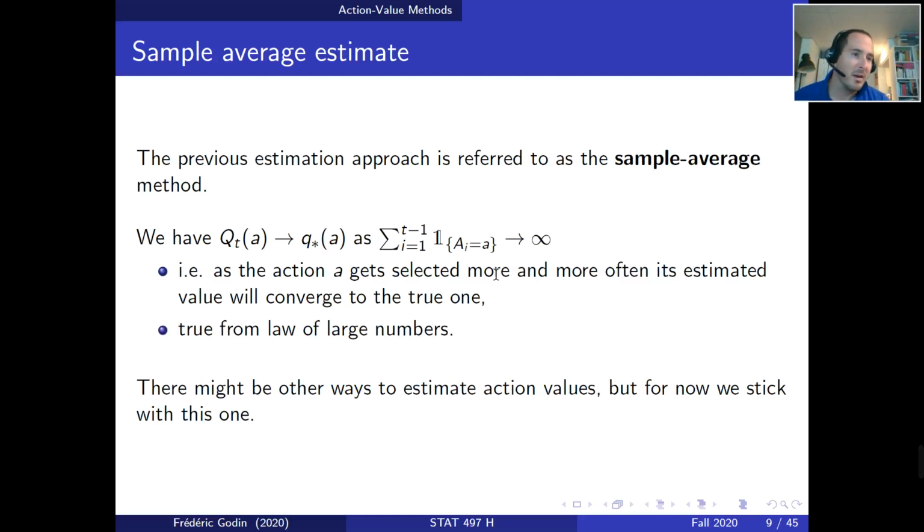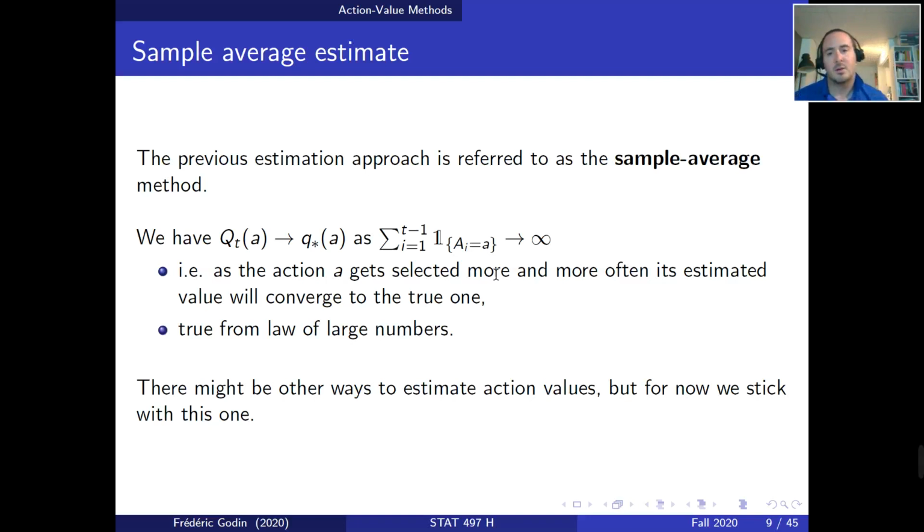This is a result in probability called the law of large numbers. If n tends to infinity, then X bar n tends to mu, meaning that the sample average will converge to the expected value of each variable in the sample.